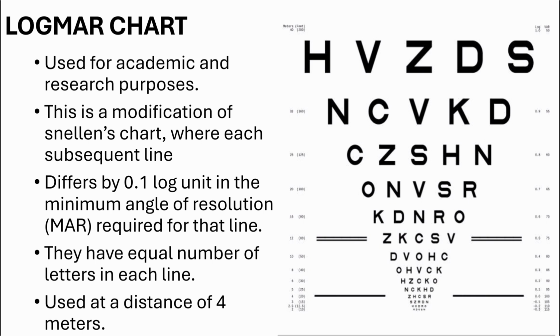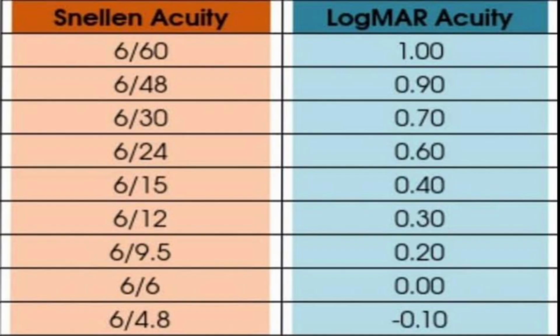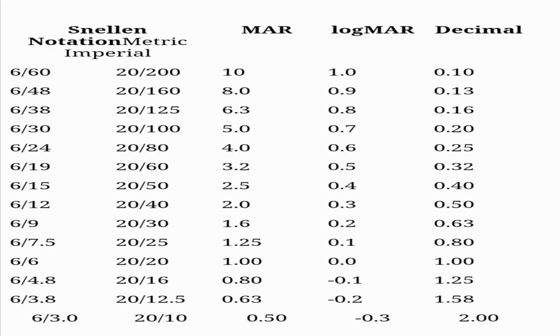Lines: usually 14 lines from logMAR 1.0 to minus 0.3, exactly 5 letters per line. Scoring: each letter is worth 0.02 log units. Font uses Sloan letters, standardized optotypes, with equal spacing between letters and lines based on letter sizes.